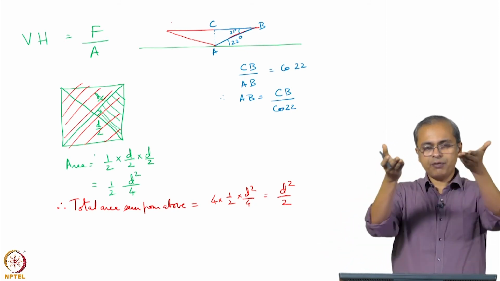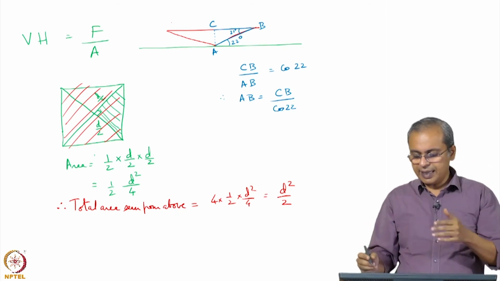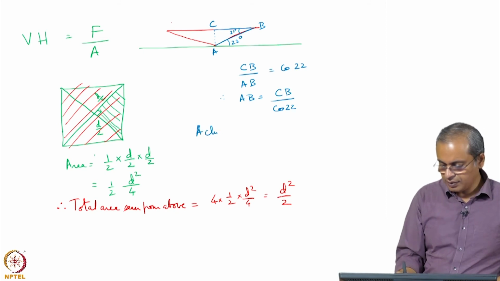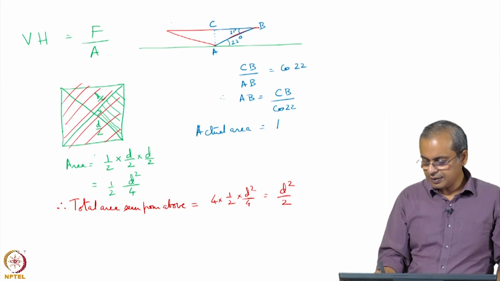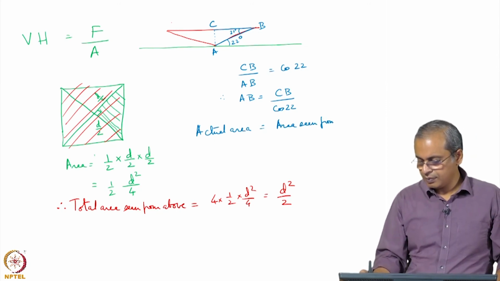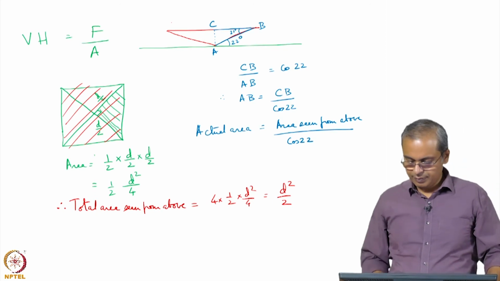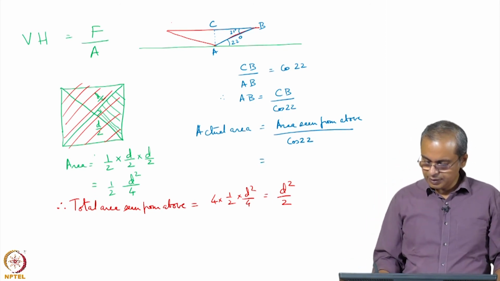For the area, if you take the area flat and you want to see its projection at a 22-degree angle, the actual area equals the area seen from above divided by cos 22. Therefore, actual area equals d square by 2 cos 22.